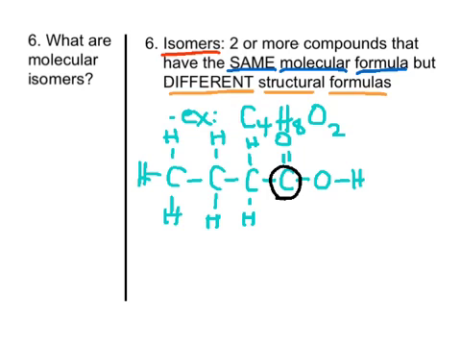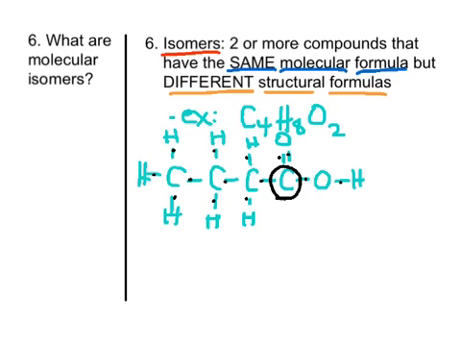So each of the carbons, if you look, has 4 bonds. Every hydrogen has 1 bond, and every oxygen has 2 bonds. So we've got a legit structural formula here, but this is only one way that we can draw out C4H8O2.